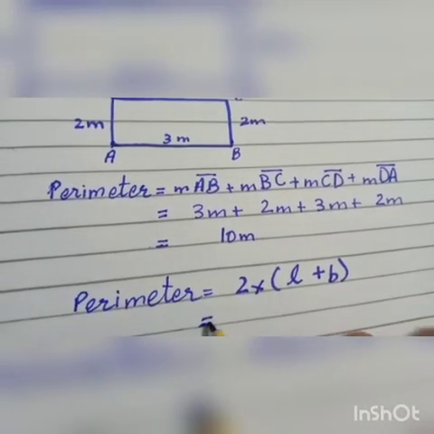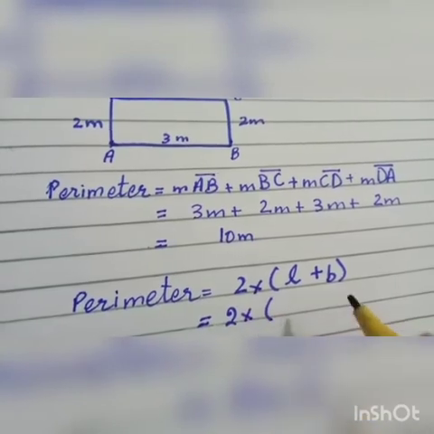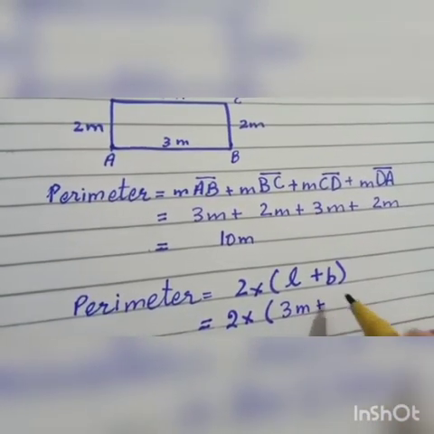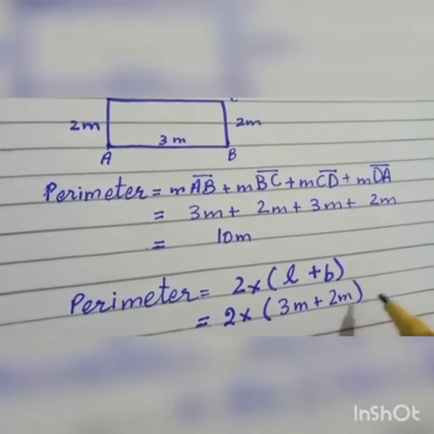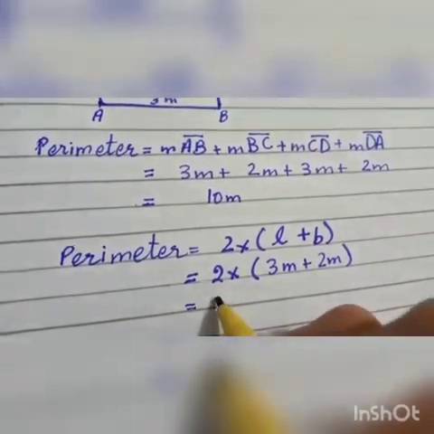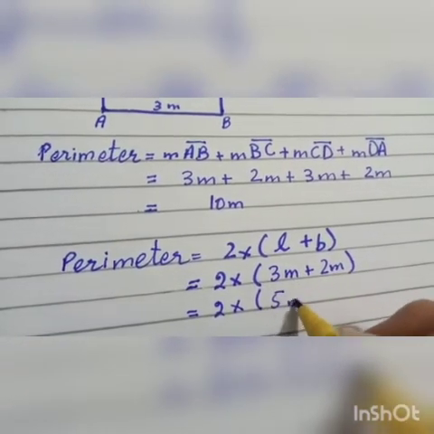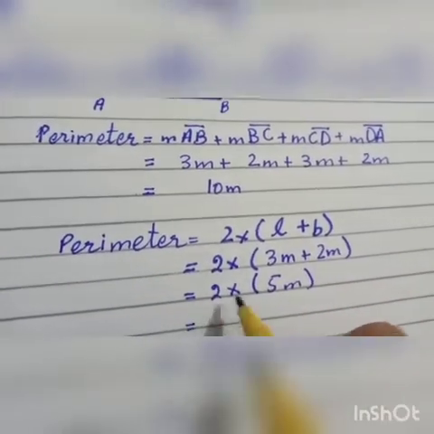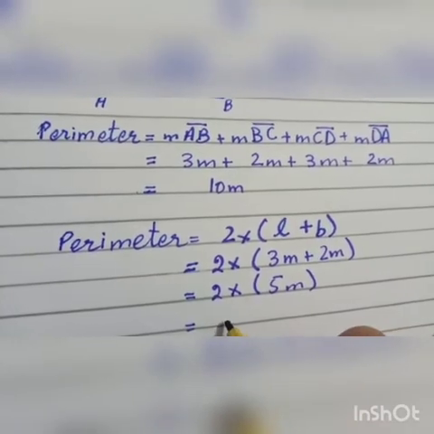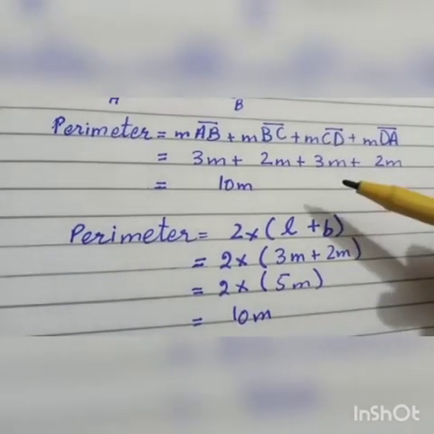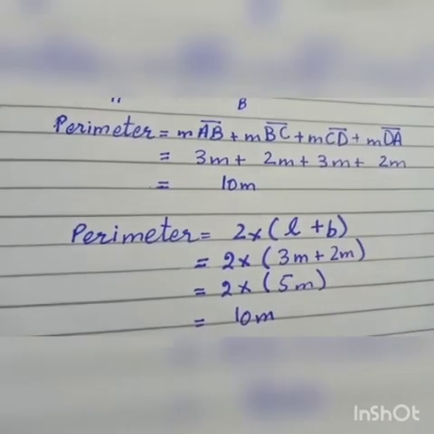Alright, now 2 multiply length is 3 meter plus breadth is 2 meter. First we will add 3 plus 2 is 5 meter, and by multiplying 2 multiply 5 is 10 meter. Alright, in both these methods we will get the answer 10 meter.